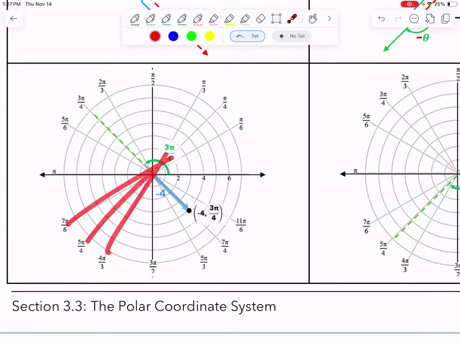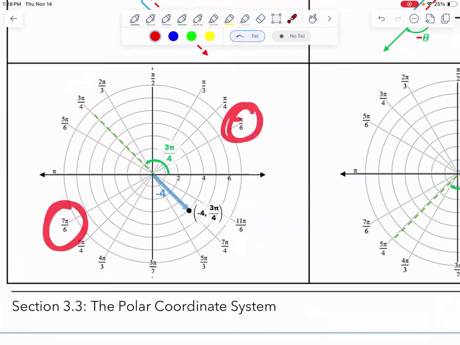Sometimes when you think you're moving in this direction, you might have accidentally gone over one of these lines. So make sure that the denominators match up. If you are on a pi over 4 angle here, when you go in the opposite direction, it should be a pi over 4 angle down here. So if you're going the opposite direction from pi over 6, you would be going to the other pi over 6 angle in this direction.